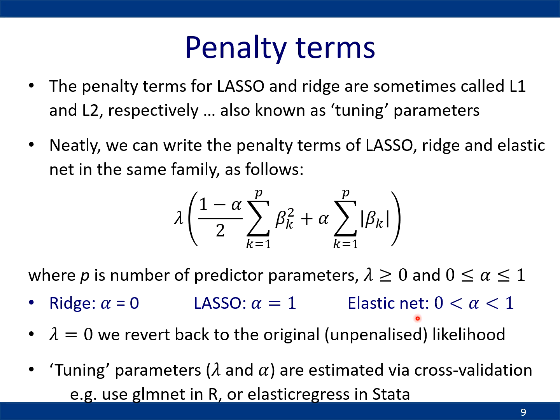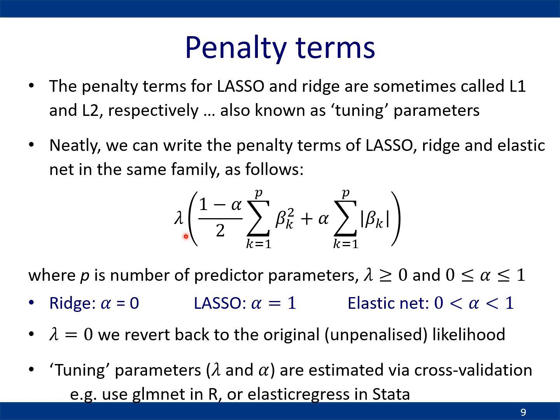And elastic net is a hybrid between the two, and the hybrid is defined by the alpha term. So depending on the alpha depends on how much weight is given to the lasso or to the ridge. If lambda is equal to 0, there's no penalty term added, and we revert back to the original unpenalized likelihood.